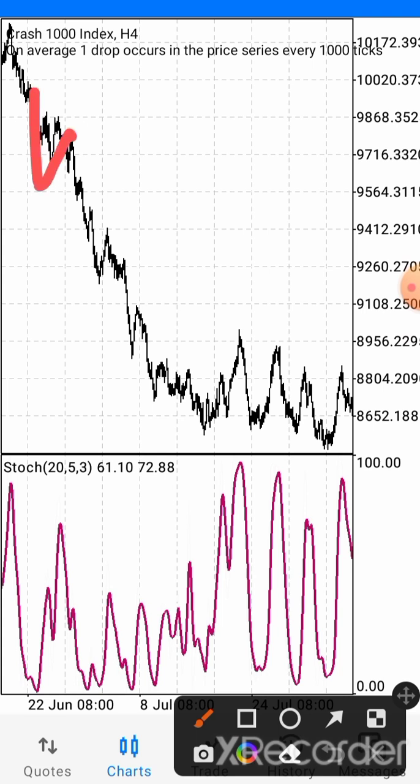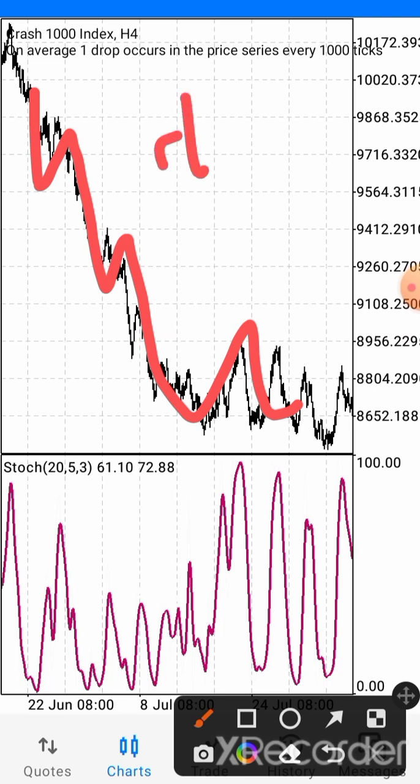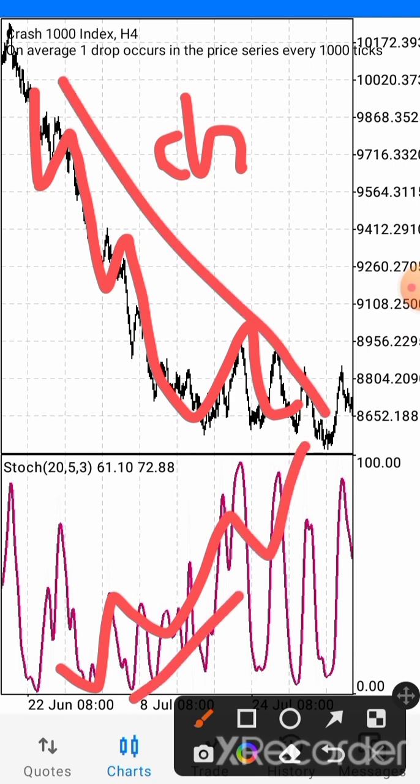And while you have this happening on the main chart, you see that the indicator is rather giving other information. So this is what we call divergence, because price is going in the opposite direction to the indicator. That is what divergence means.